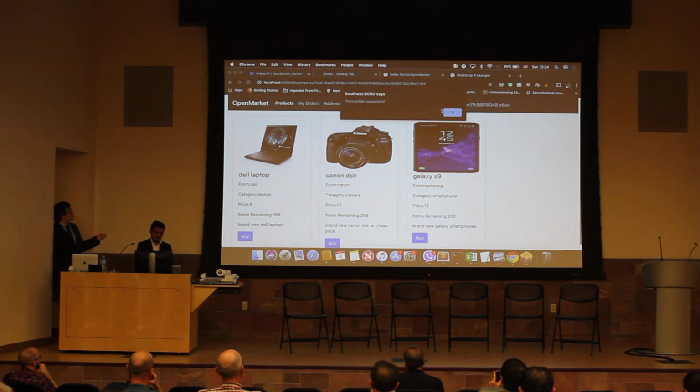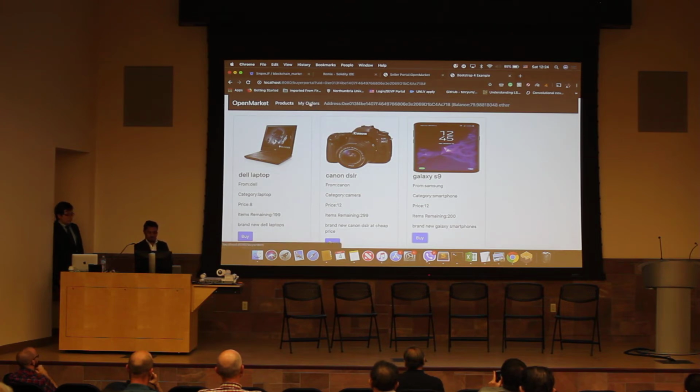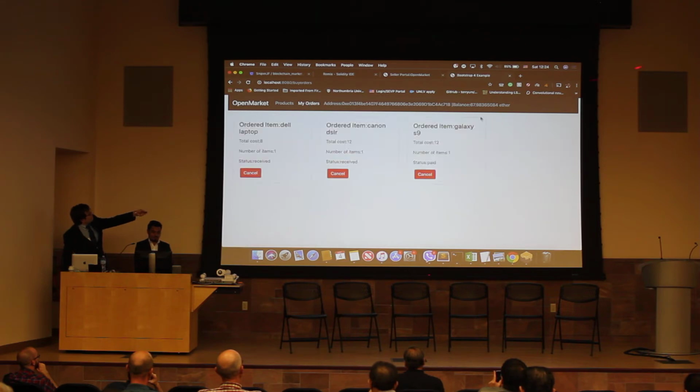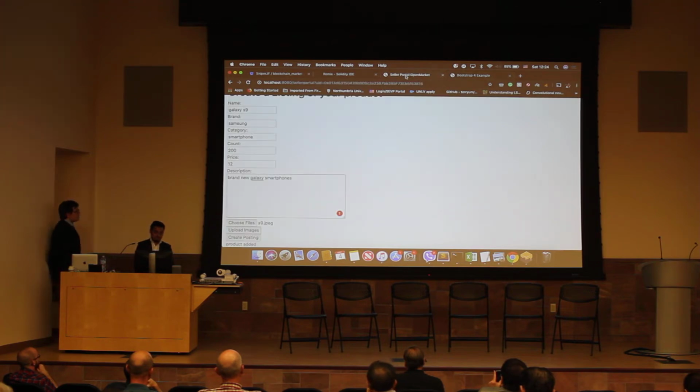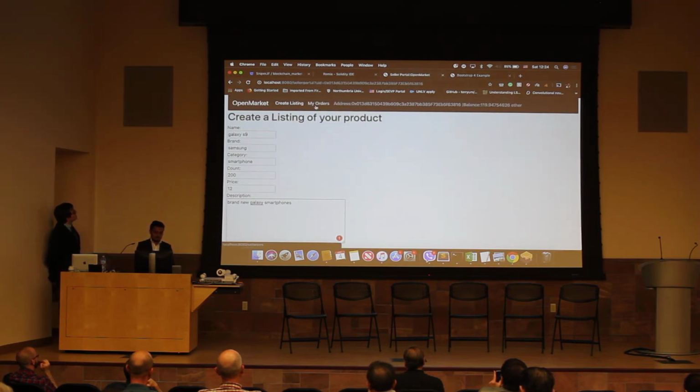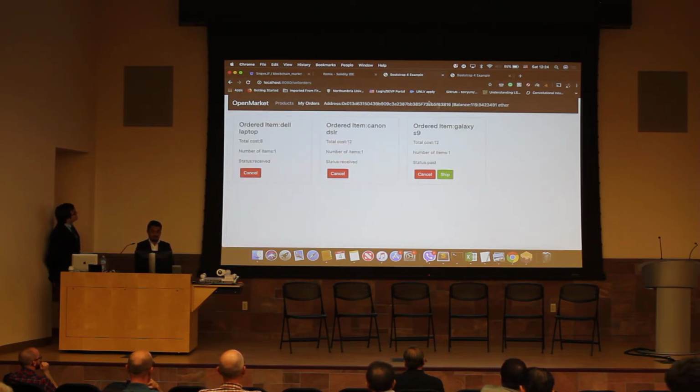It says transaction successful. Now we can see right now the balance of the buyer is 79.9 Ether. Now it gets decreased to 67. That means for now the smart contract is holding the amount. And the balance for the seller is 190. So it does not get increased until the buyer says he or she has received the item.